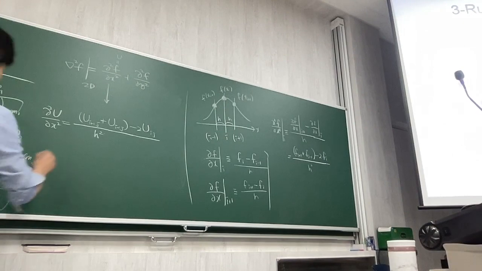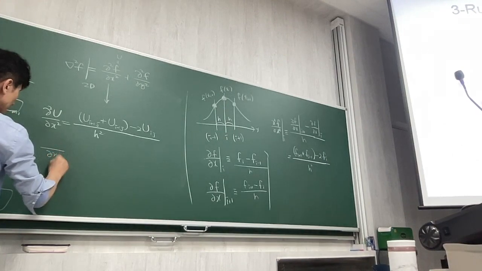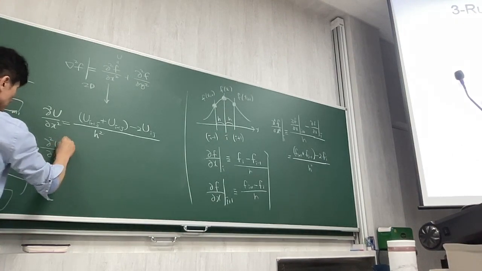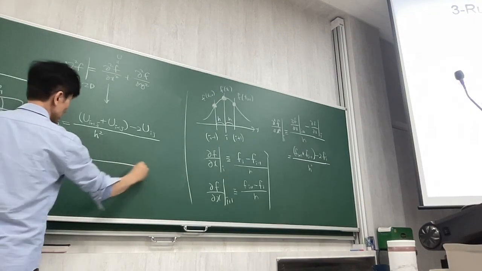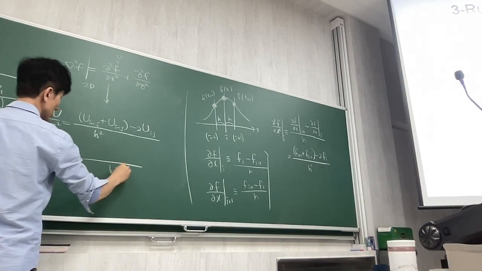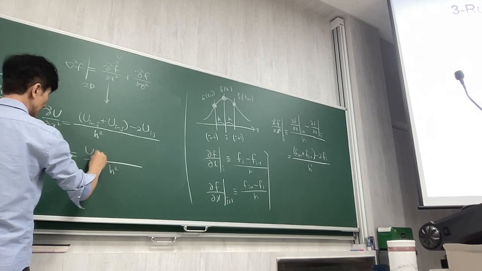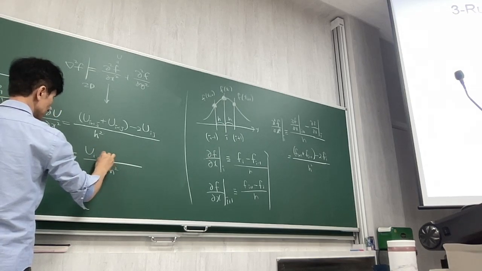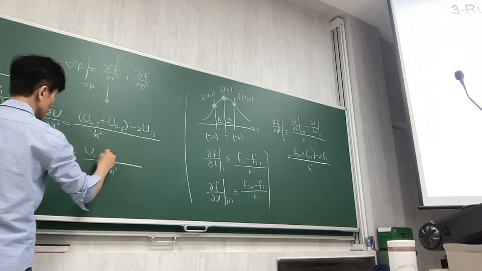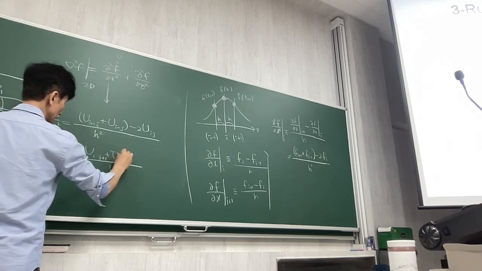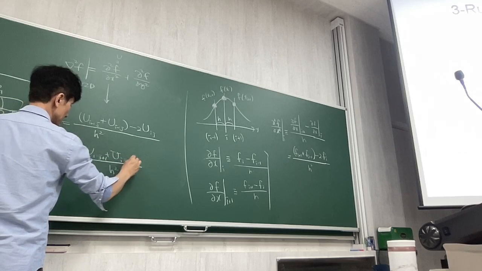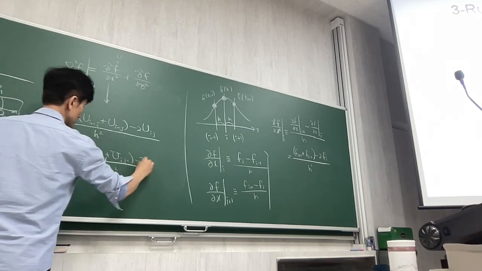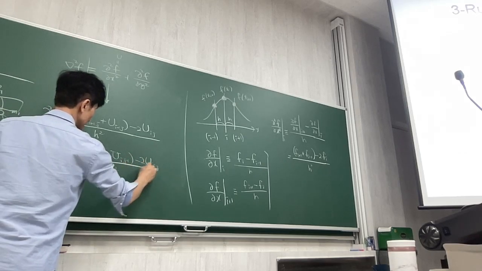Right? And the round y square round square u can also be written as 1 over h square times u_i(j+1) plus u_i(j-1) minus 2 u_ij.